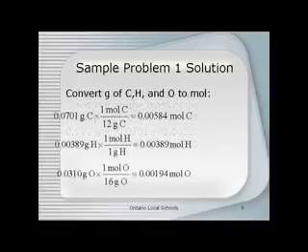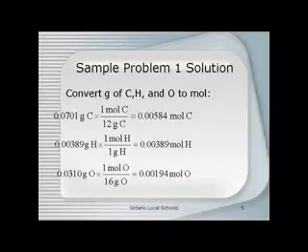Now that we have the grams of carbon, hydrogen, and oxygen, we can convert them to moles. Our 0.0701 grams of carbon times 1 mole of carbon over 12 grams of carbon gives us 0.00584 moles of carbon.